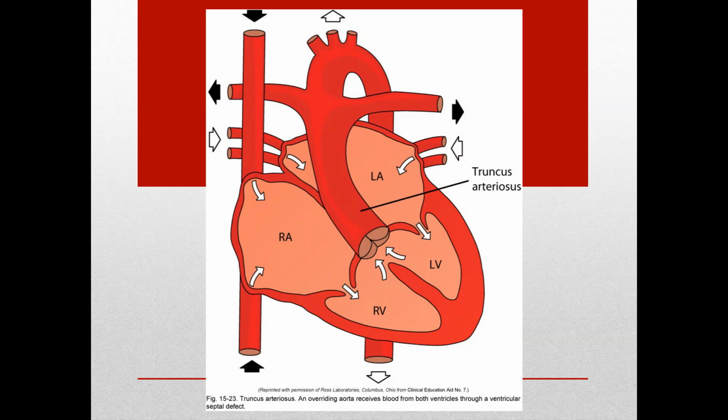The blood from the ventricles both goes into this one trunk. That is the one that needs to go to the lungs and the rest of the body. It's not going to know. So you're going to get deoxygenated blood in the aorta, and oxygenated blood going to the lungs. It's going to be a real mess. Mixed blood all around. Mixed blood everywhere, yes.